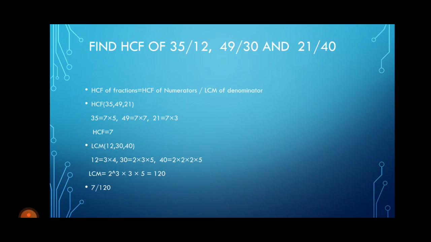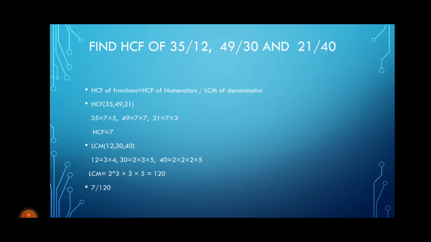That is the formula to find out the HCF of fractions: HCF of numerators divided by LCM of denominators. We have to find out the HCF of numerators and the LCM of denominators.